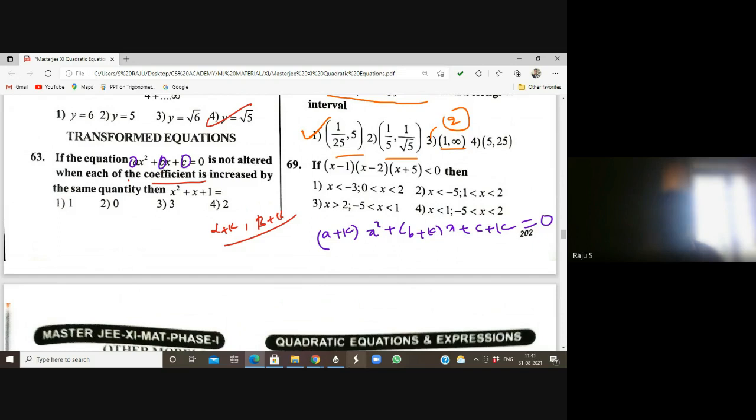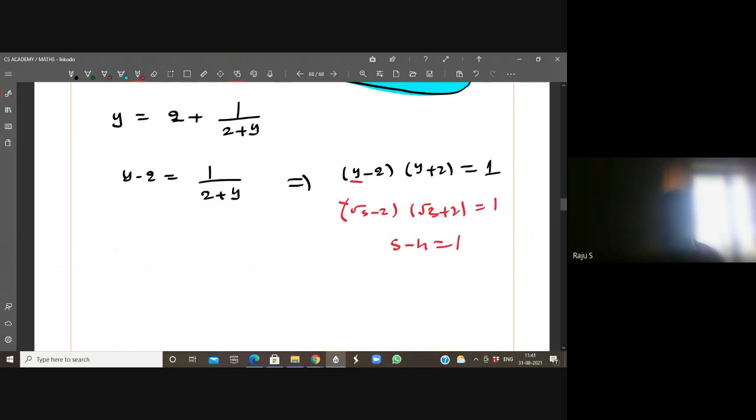Also, coming to a plus k, b plus k, c plus k, when I take the ratio of the coefficients, a plus k is the new coefficient of the given quadratic expression. A plus k by a is equal to b plus k by b is equal to c plus k by c. The ratio should not be changed.